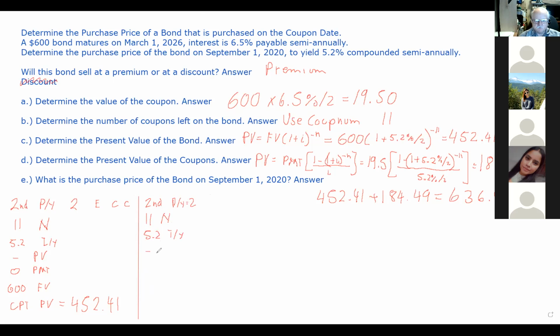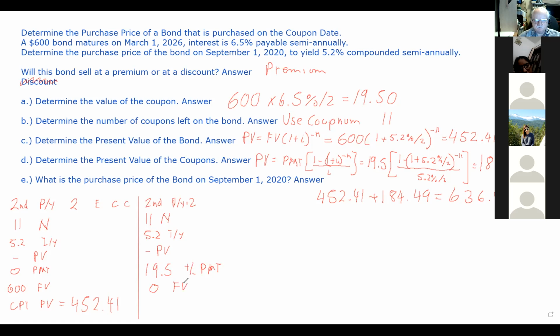We still don't know the present value, but here we know the payment. It's 19.5 into payment. We're not worried about any future value, so 0 future value, and compute PV. Let's see if this works for us.